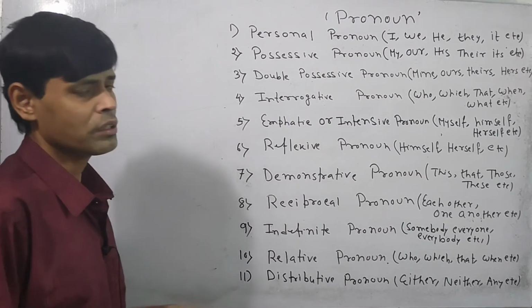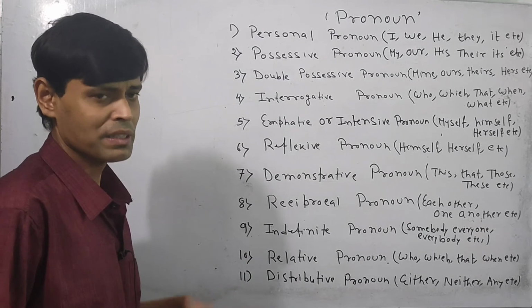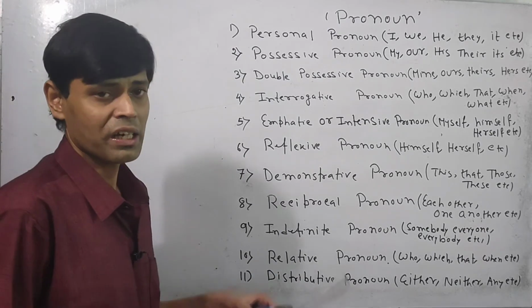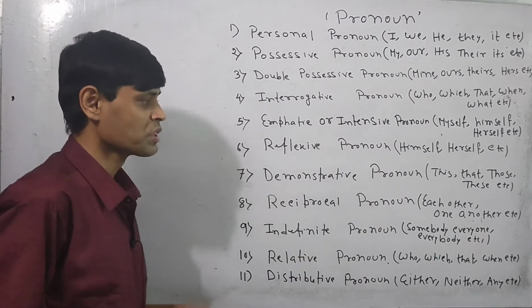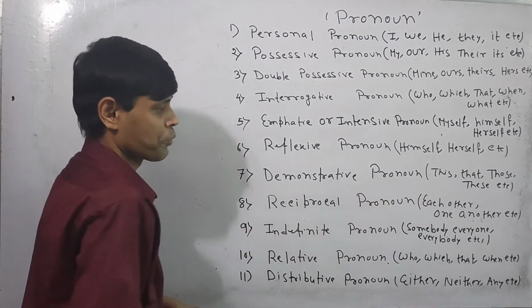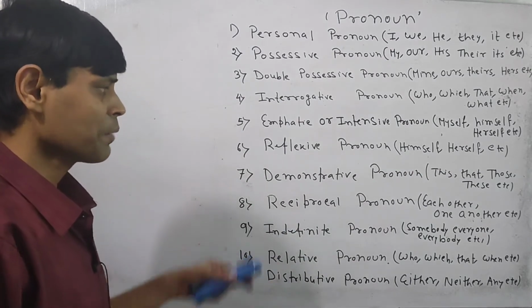Demonstrative pronoun is such that demonstrates something or explains something in a vivid way, in a clear-cut way, or in a very transparent way. This, that, those, these. This is the singular, these is the plural. That is the singular, those is the plural. But still there is some difference.